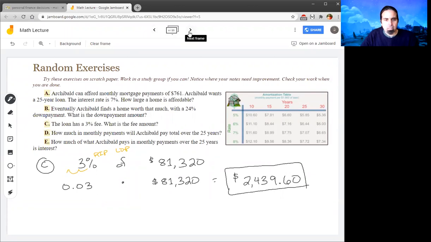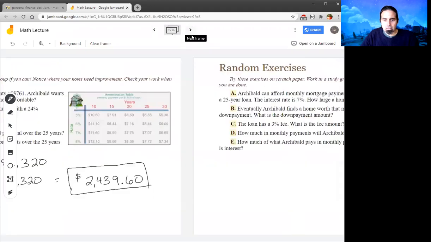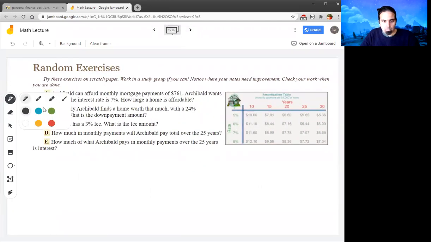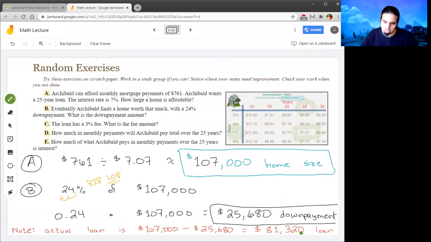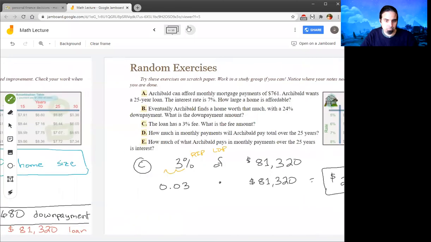For part D, how much in monthly payments will he pay? So we're going back to this table. He is at 7% and 25 years, so $7.07. His actual loan size was the 81,320.